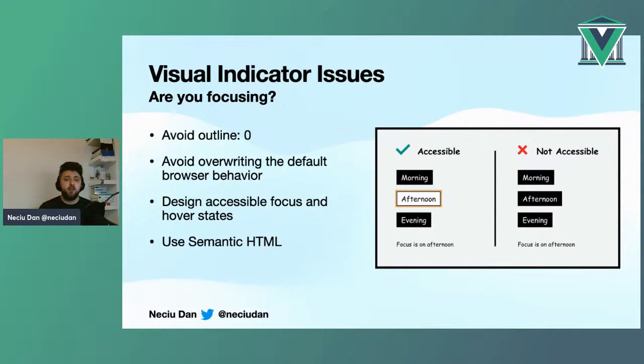And speaking of interacting with buttons, keyboard accessibility is essential for people who are not using a computer mouse. Many blind and visually impaired people also use keyboard interactions in order to use their screen reader. So we always need to have focus values on our buttons and elements so screen readers know which element is in focus now. You can see in the image the clear difference between when you have focus and when you don't.